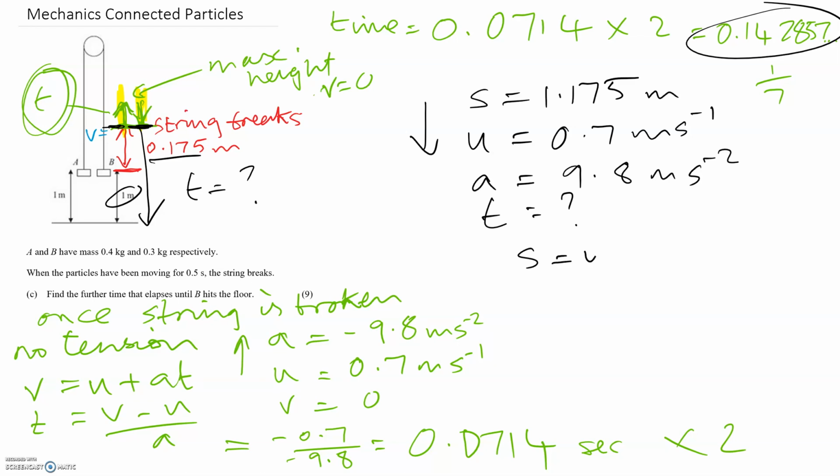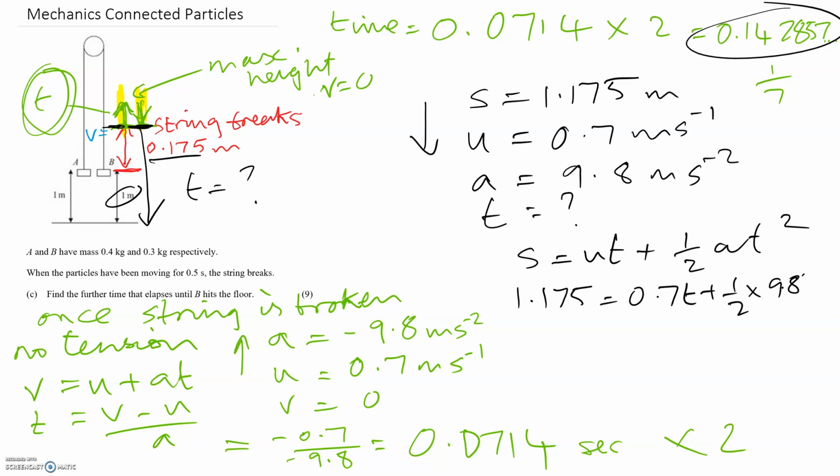So if you put that into s equals ut plus a half at squared, you're going to get 1.175 equals 0.7t plus a half times by 9.8 t squared. And so t, if you work that out, you should get t for this section.